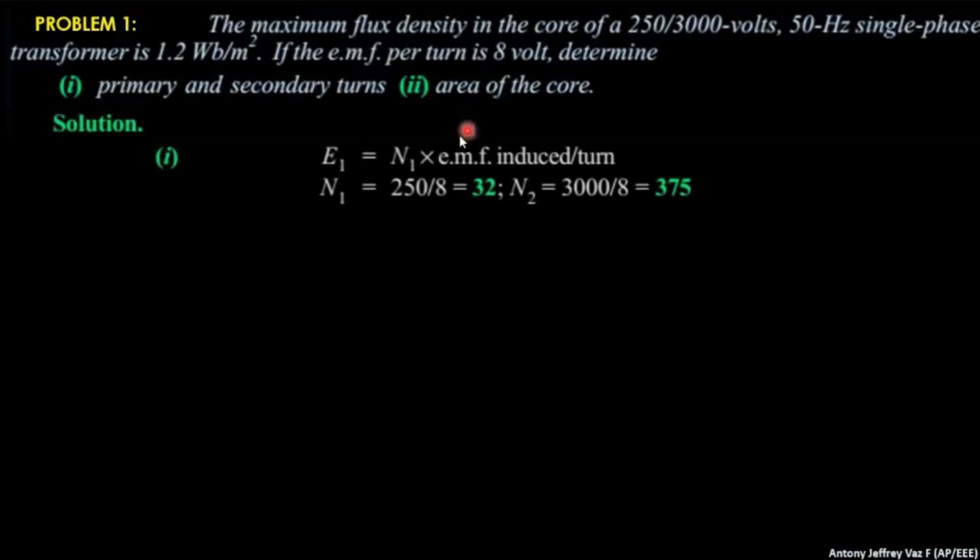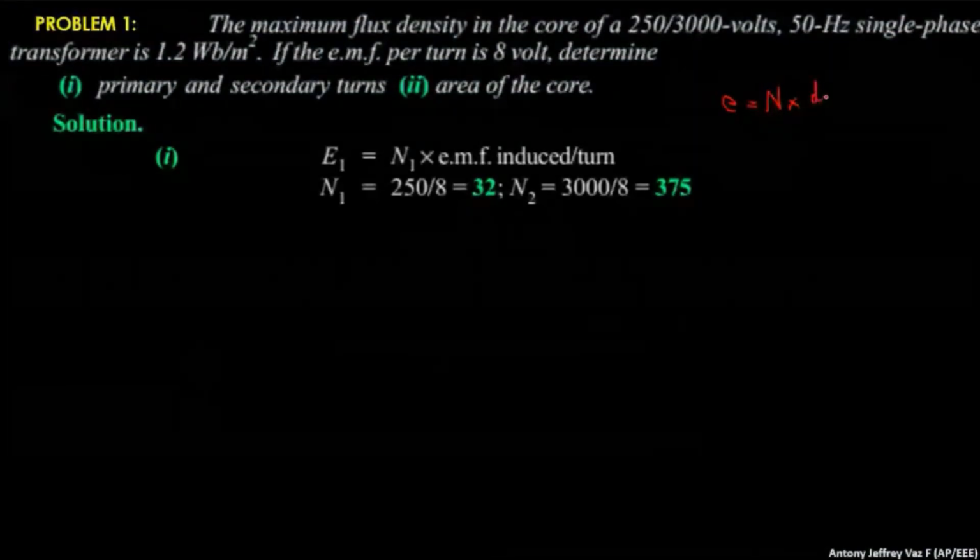Okay, the solution: E1 is equal to N1 into EMF induced per turn. You know that E is equal to N into dφ by dt, the total flux linkage rate.